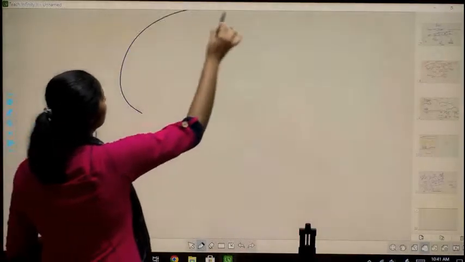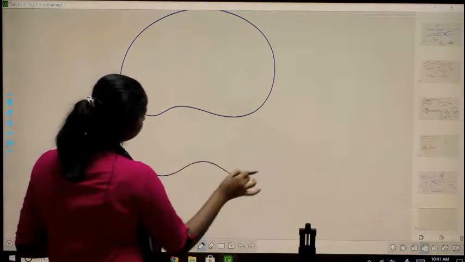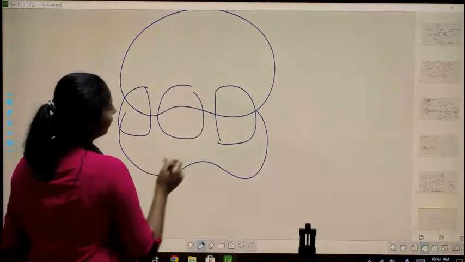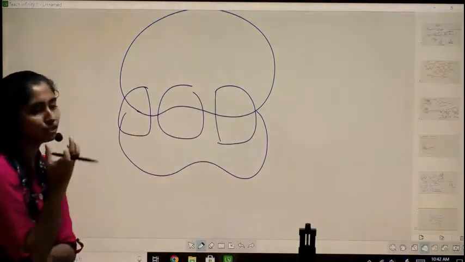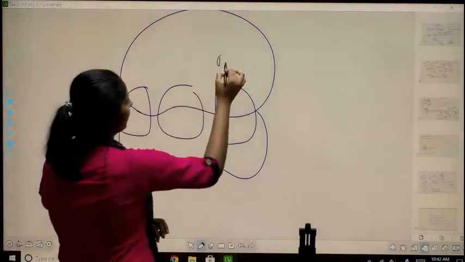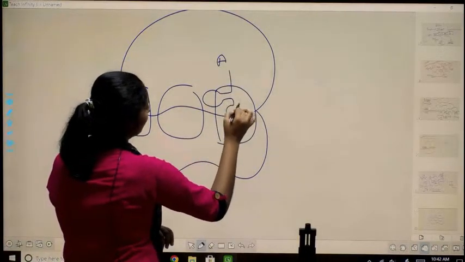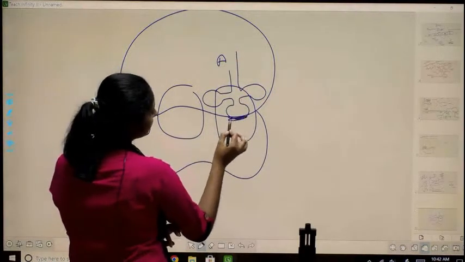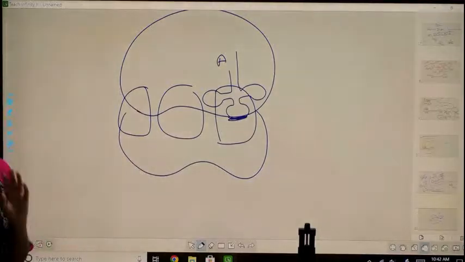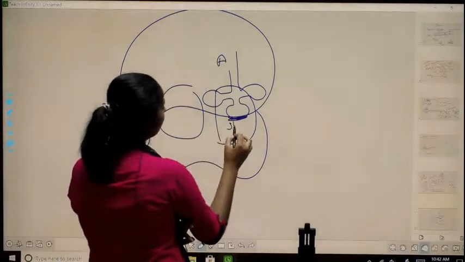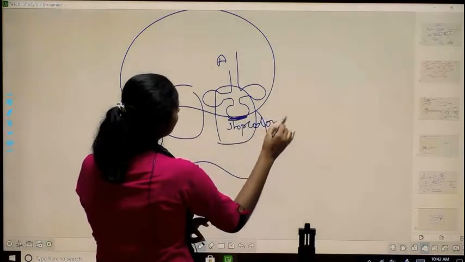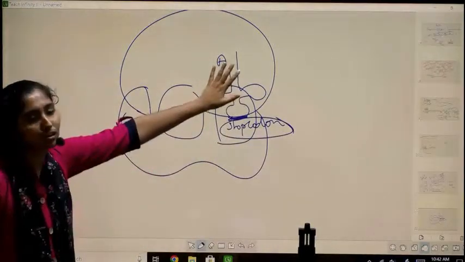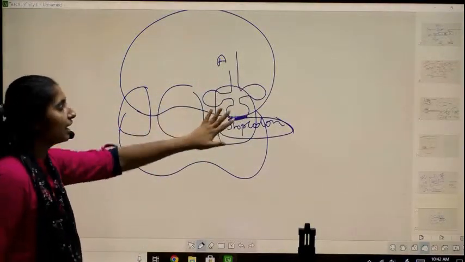So how does termination occur in ribosomes? If in the A site, the codon is a stop codon, there are three stop codons, and it is not recognized by any of the tRNAs.